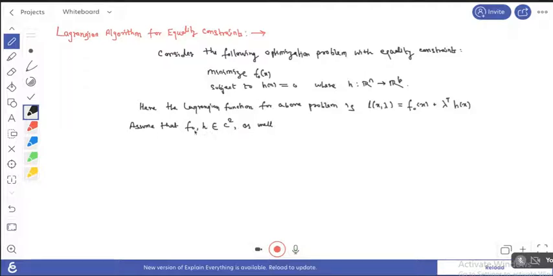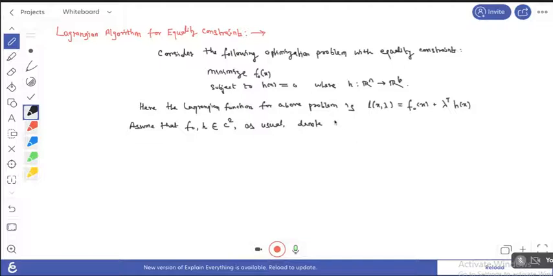So the objective function and also the equality function belong to C2. Okay. So as usual in your Lagrangian method.